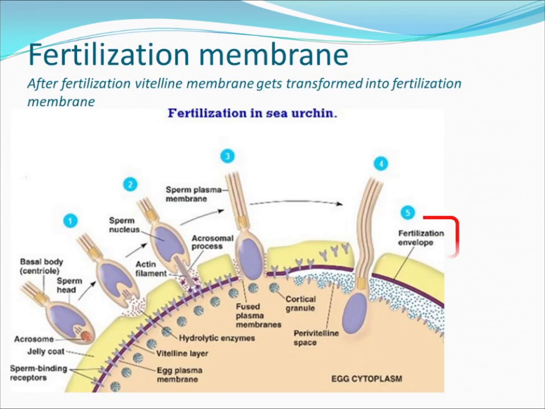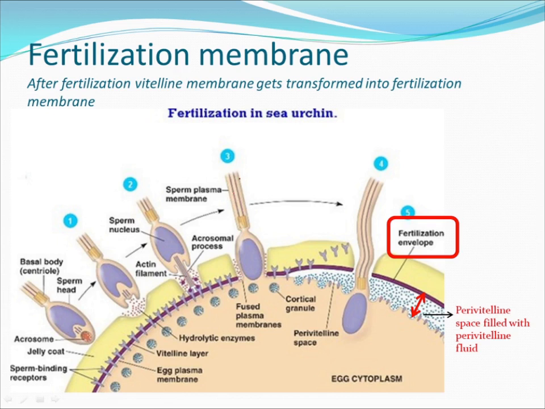Then, immediately after fertilization, the vitelline membrane gets lifted off from the plasma membrane and is transformed into the fertilization membrane. Fertilization membrane is the same as vitelline membrane, but before fertilization it is called vitelline membrane and after fertilization it is called fertilization membrane.